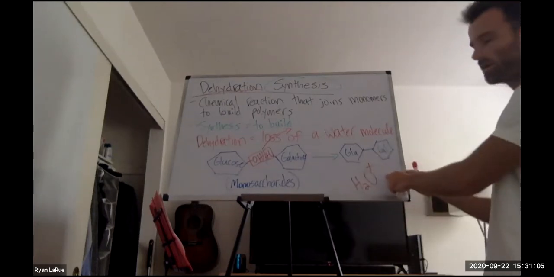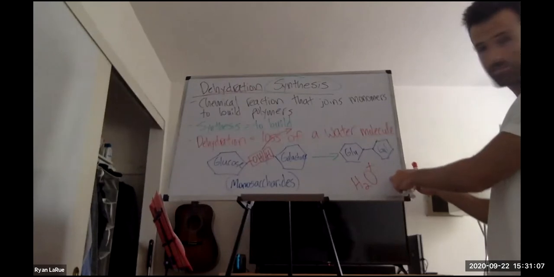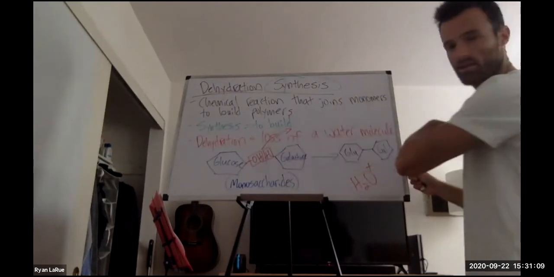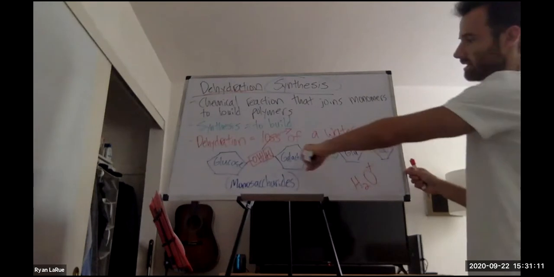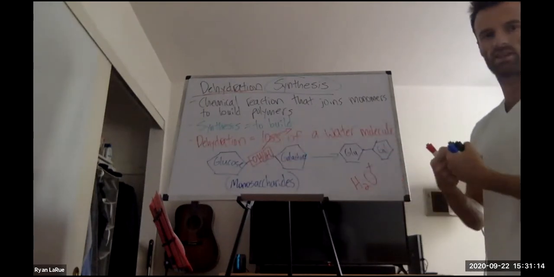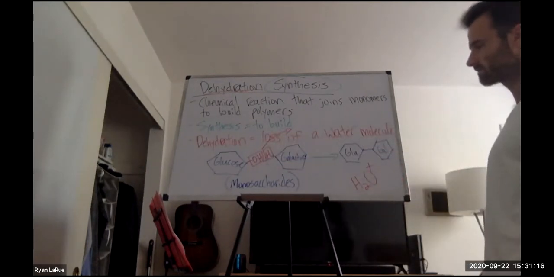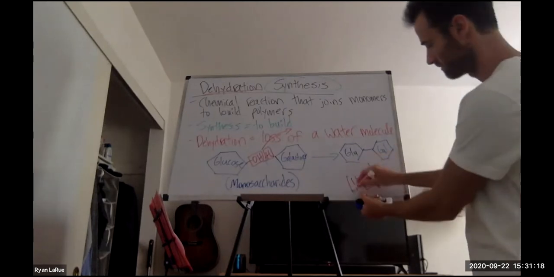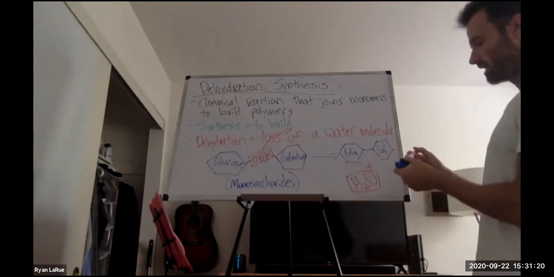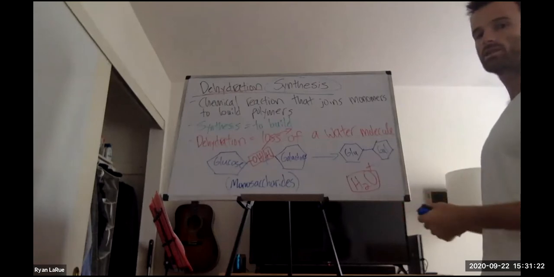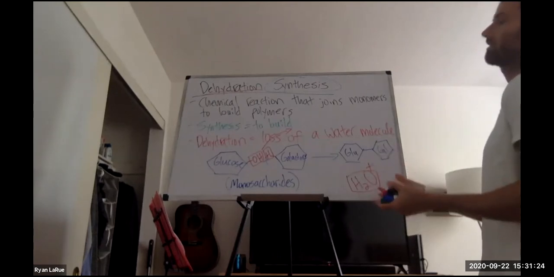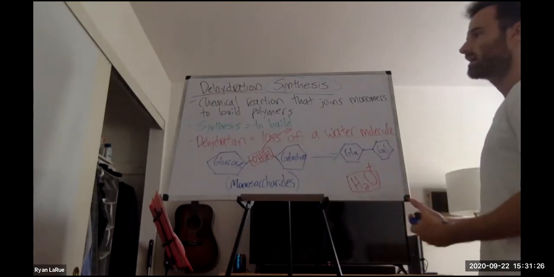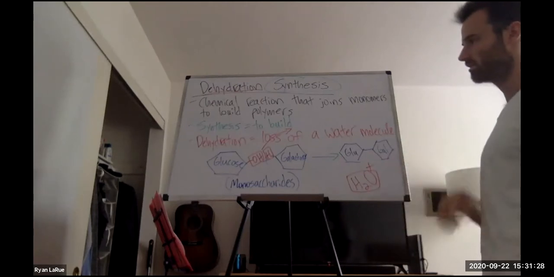That in joining these monomers together, we also get water as a byproduct. Water has left these two molecules when they join together. And there you go, that's a dehydration synthesis. We dehydrated it, we synthesized a larger molecule out of it.